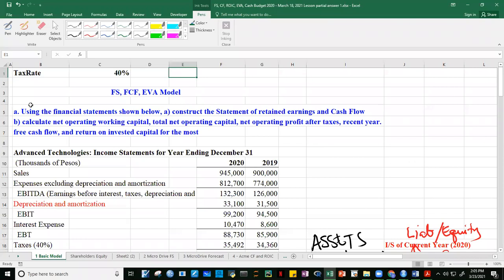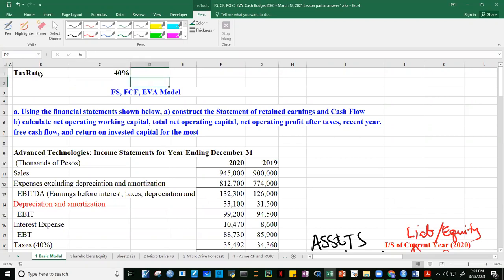Did I teach you guys how to give a name to cells? Yes, sir. I taught you, right? So one way is to highlight your cell and then just type here tax rate. That's possible if it's just one at a time.